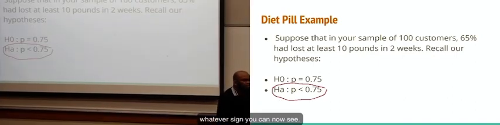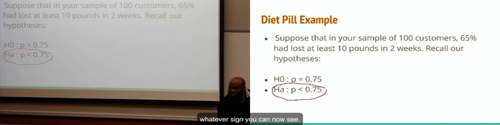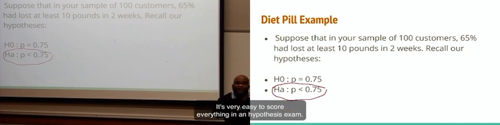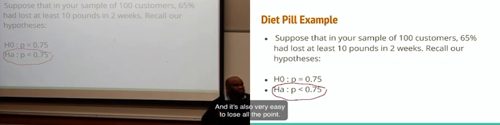Does that make sense? Whatever sign, you can see it's very easy to score everything in a hypothesis exam, and it's also very easy to lose all the points. You know why?